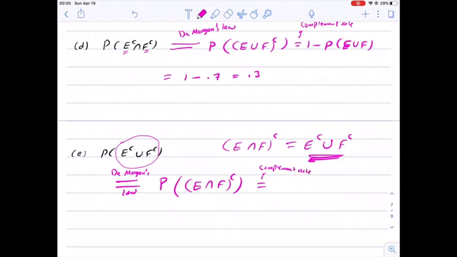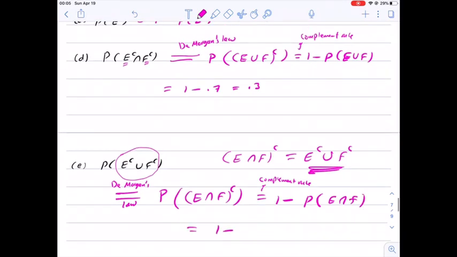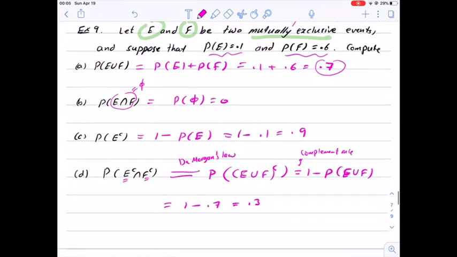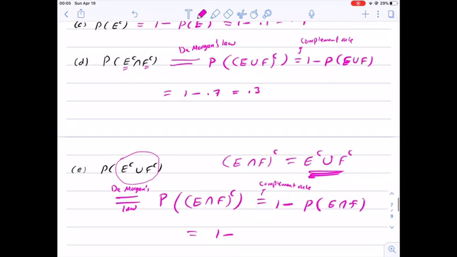And using complement rule, this is 1 minus probability without the complement. And that's 1 minus, what is probability of E intersect F? It's 0.